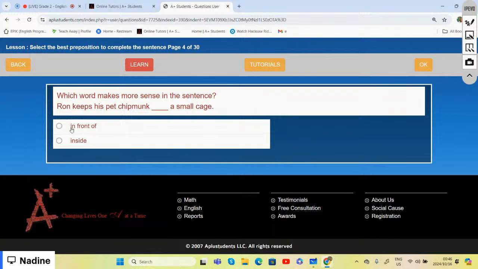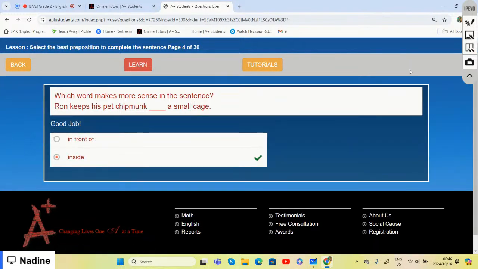And we can say Ron keeps his pet inside a small cage.